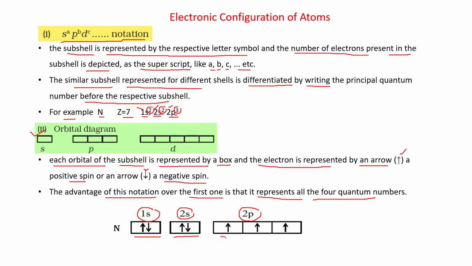These boxes represent the orbitals, and each orbital is occupied by 1 electron as per Hund's rule of maximum multiplicity, with the same spin. This is called the orbital diagram.